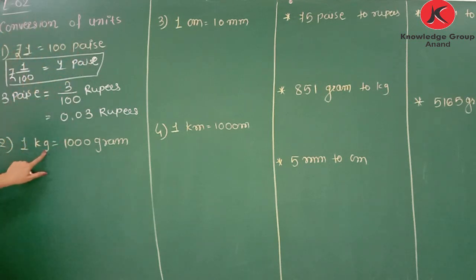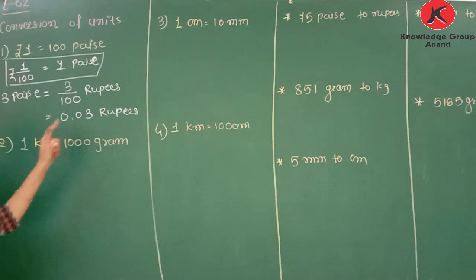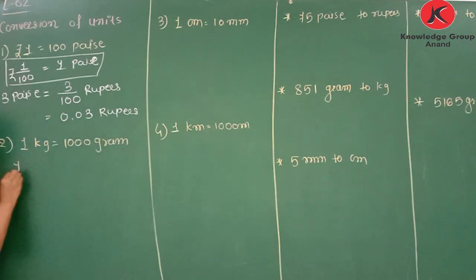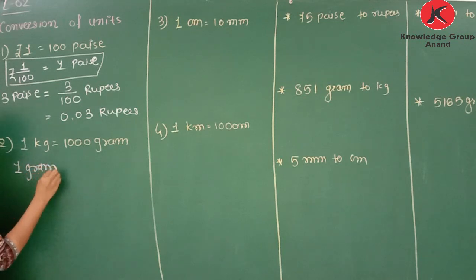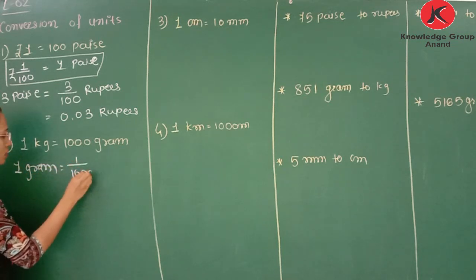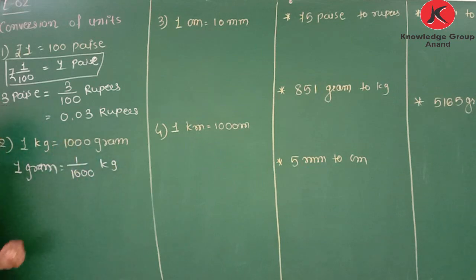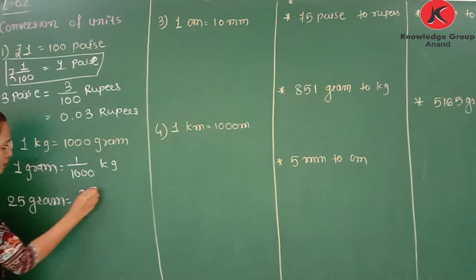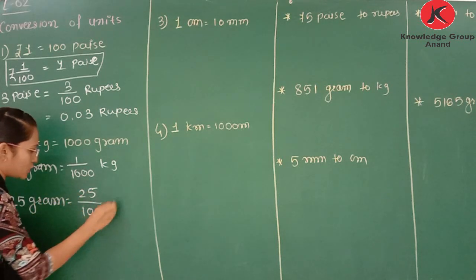Same, 1 kg is equal to 1000 gram. So 1 gram is equal to what? 1 by 1000 kg. So if I give you the value of 123 gram, that is 123 divided by 1000 kg.